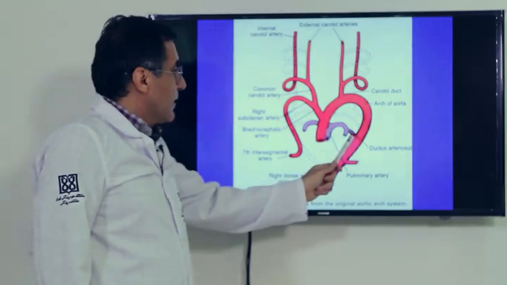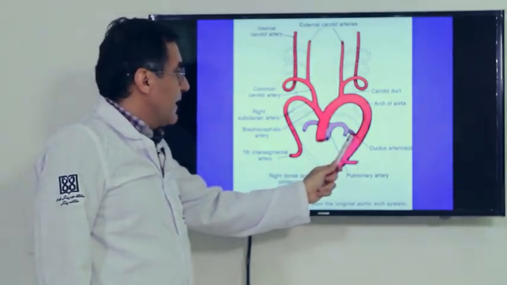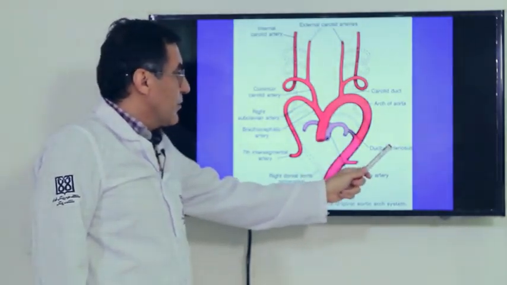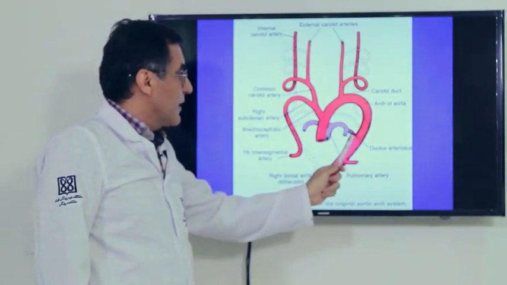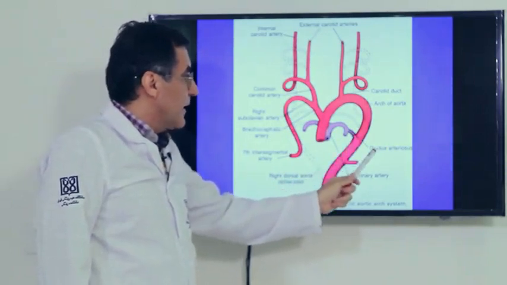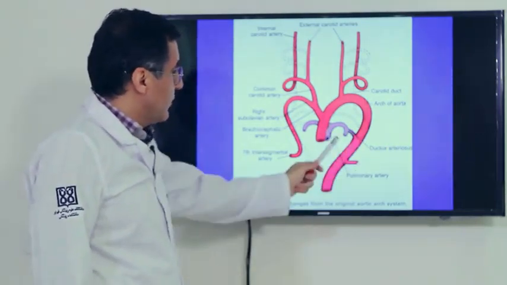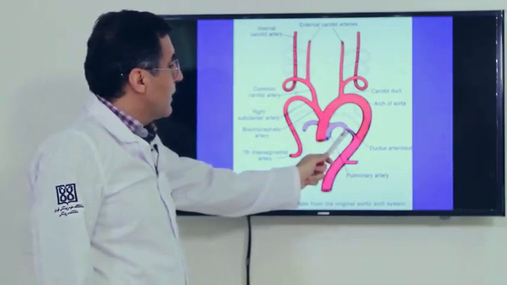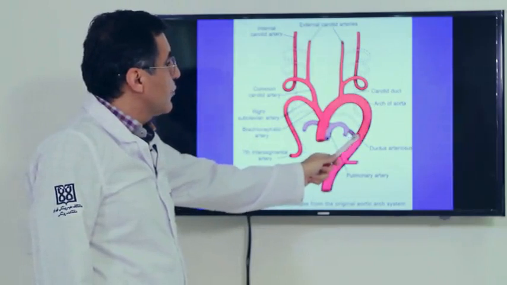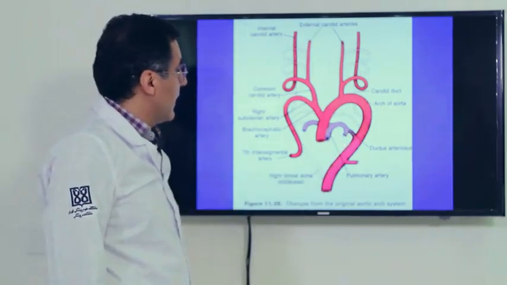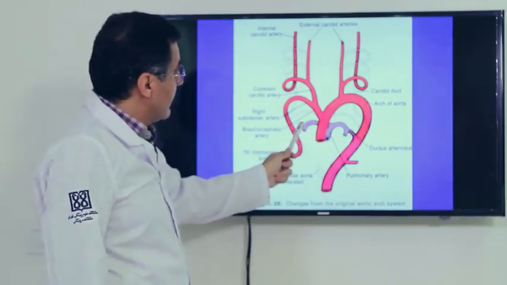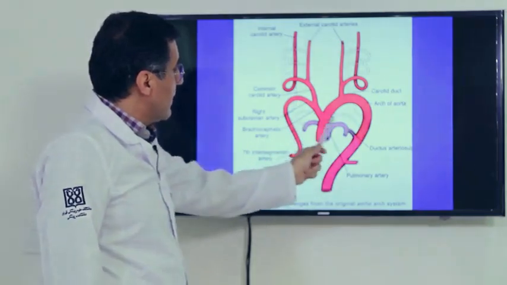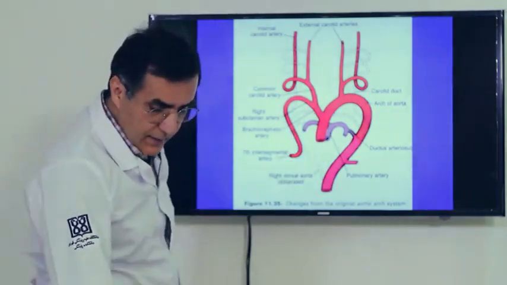The remaining part of the sixth arch on the left makes the ductus arteriosus. After birth, this is obliterated and makes the ligamentum arteriosum. And you know that this is a communication between the left pulmonary artery and the inferior surface of the arch of aorta in the anatomy. On the right side, the distal part of the sixth arch is degenerated.